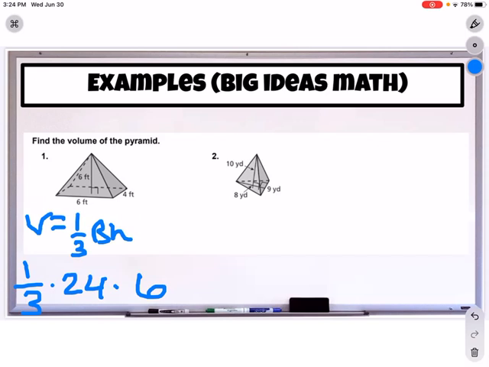So, what you would type in your calculator is 1/3 times 24 times 6. If you have a calculator that does not work with fractions, then what you would do is 24 times 6, or any way you like, 6 times 24, divided by 3.